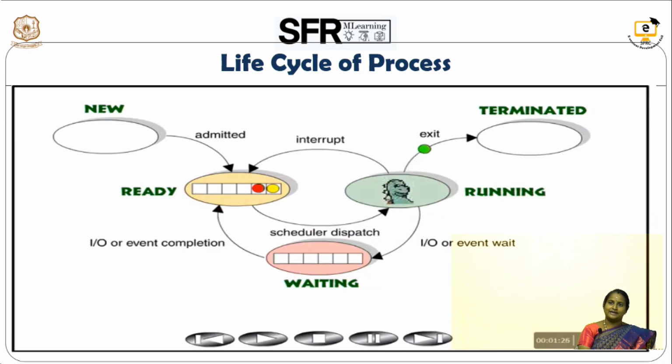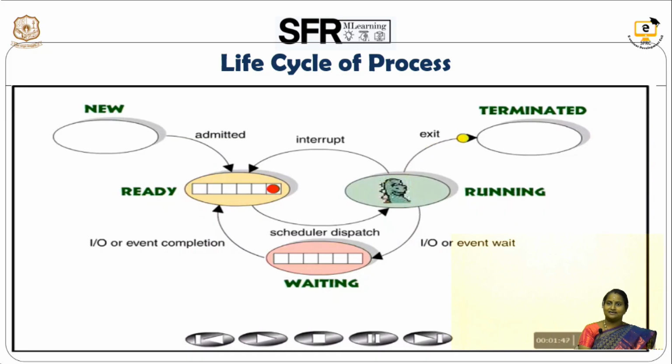The green process successfully finished execution, so it is sent to the termination state. Now the yellow process got the CPU for execution, so it is currently in the running state. After execution, it will be sent to the termination state.